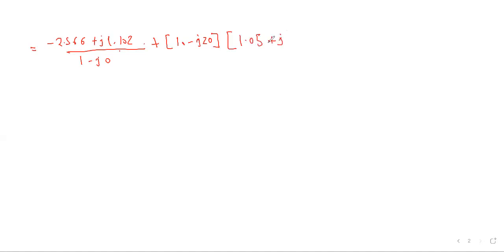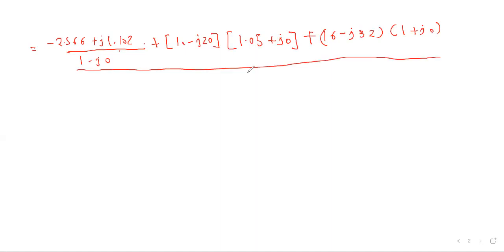I'll directly write. The same process we are following there also. Plus 16 minus j32, 1 plus j0, this whole divided by 26 minus j52.